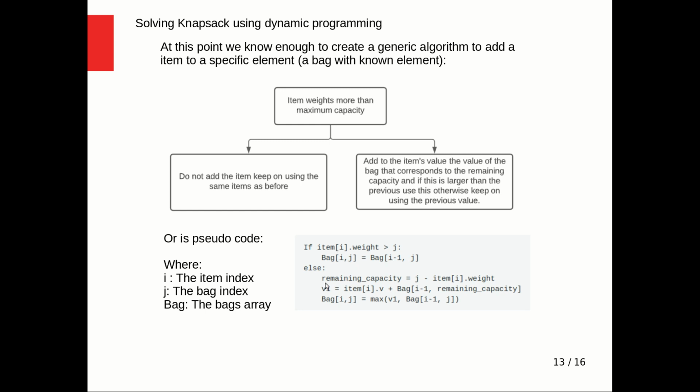Else, we are finding the remaining capacity, we are adding the value of the bag in the previous row for the remaining capacity to the value of the item, and we populate the element with the maximum of the V1 and the previous value for this row.